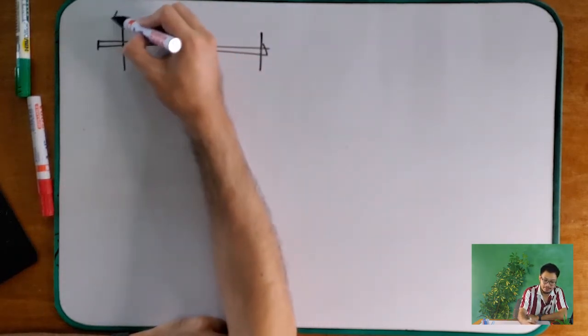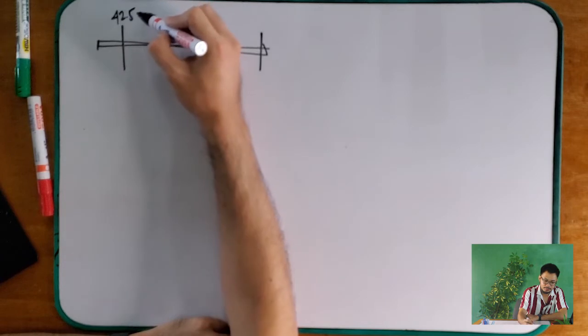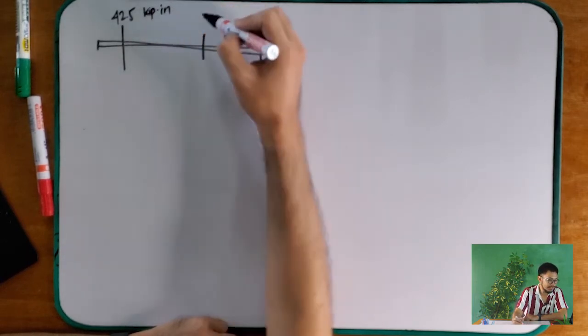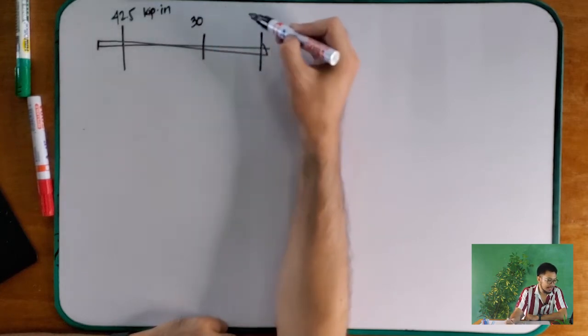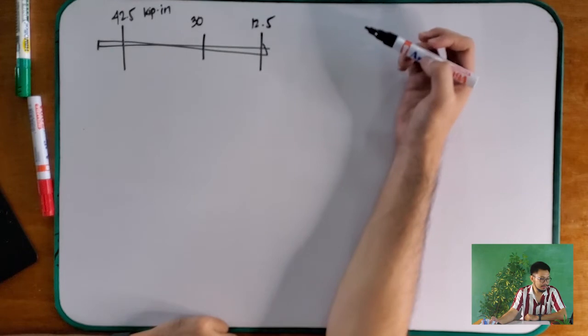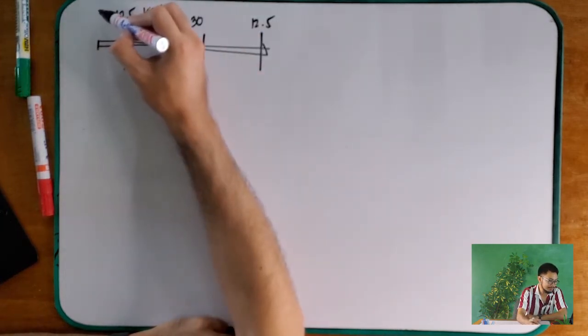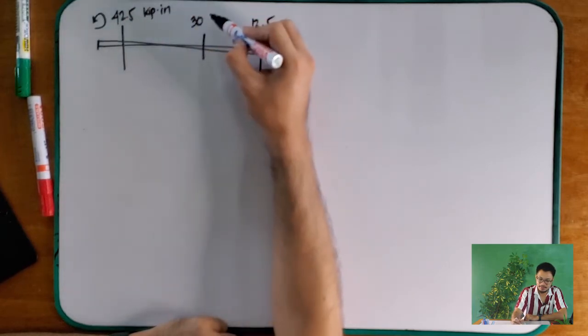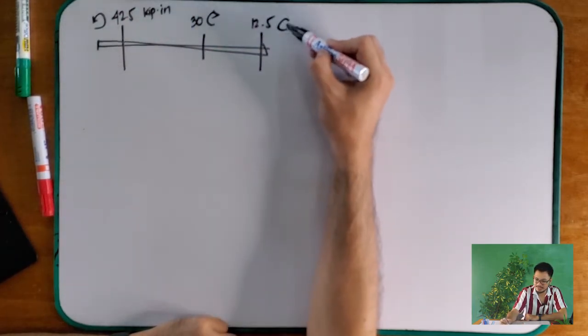This is 42.5 kip inch. This is 30, and this is 12.5. Okay. This one rotates counterclockwise. This one rotates clockwise, and this one rotates clockwise.